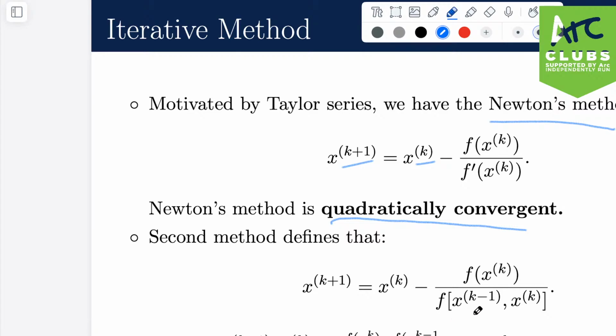Basically, the secant method is used when we do not know f dash. If we do not know f dash x, then obviously we need to approximate f dash x_k. So f dash x_k can be approximated by the secant method.